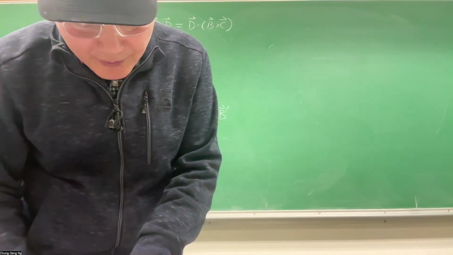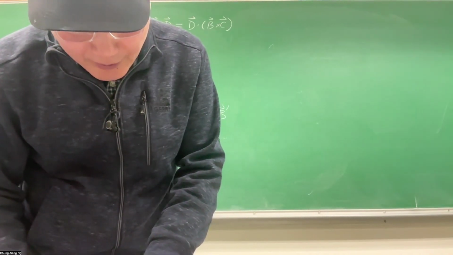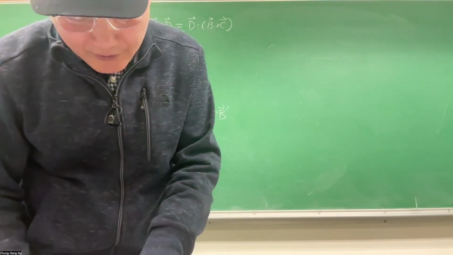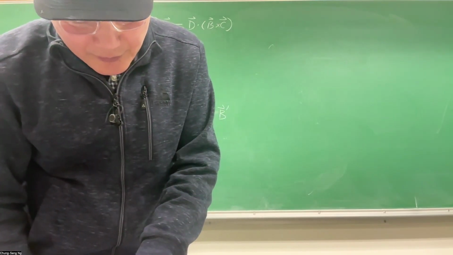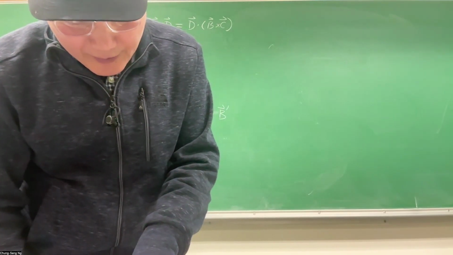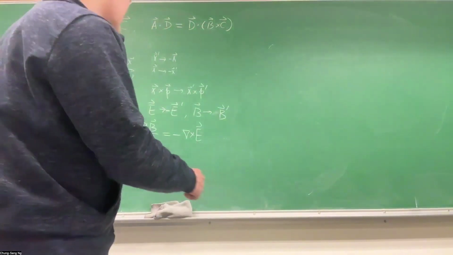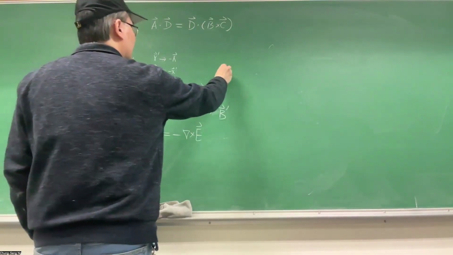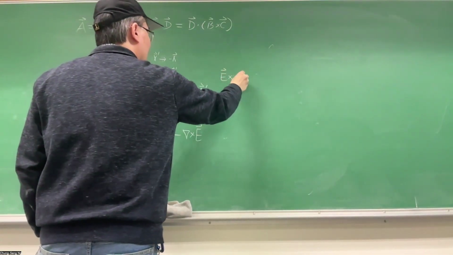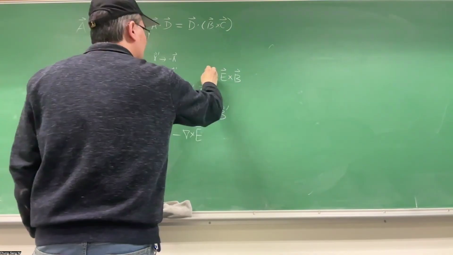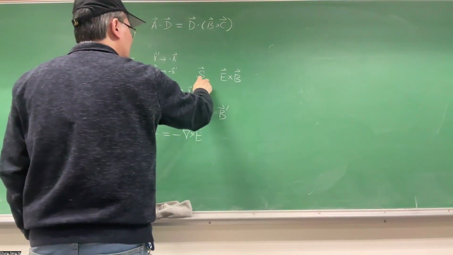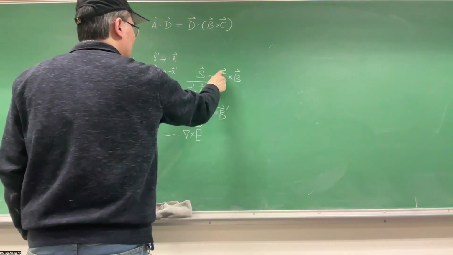So B is a pseudo vector, and likewise there's something related to that, the H field, obviously, and then the magnetization. But if you have E cross B, the Poynting vector S is proportional to that.